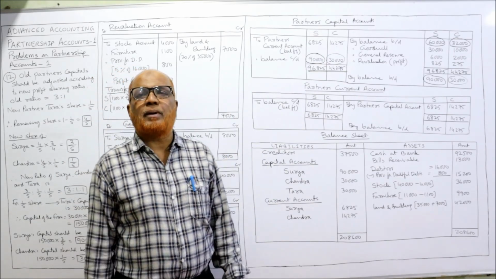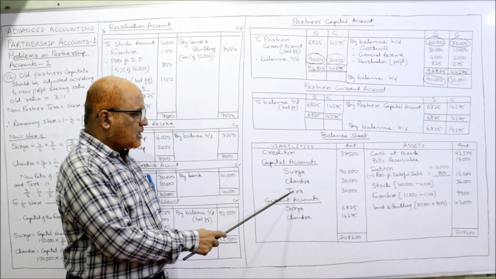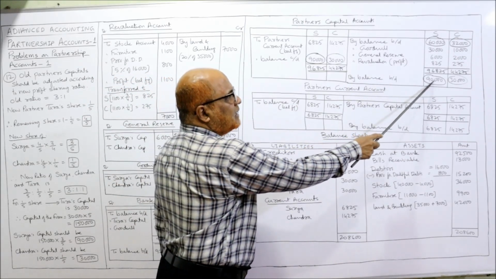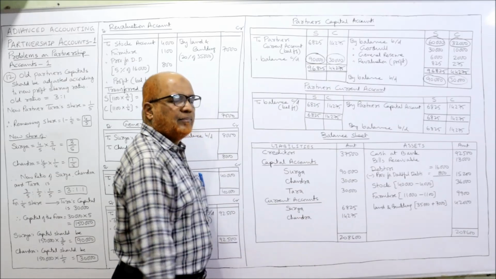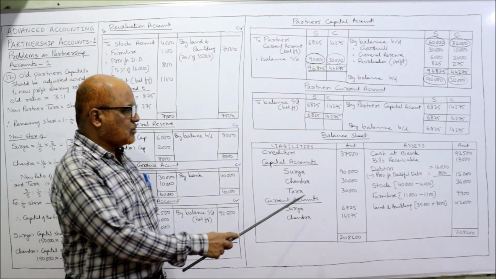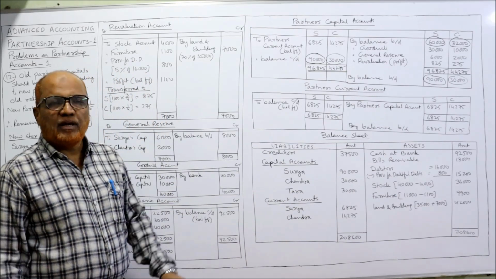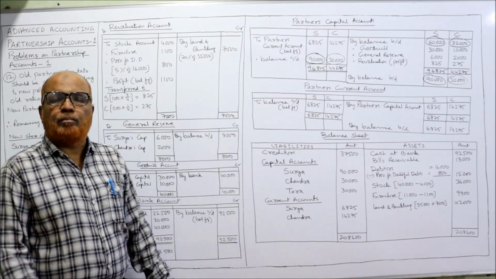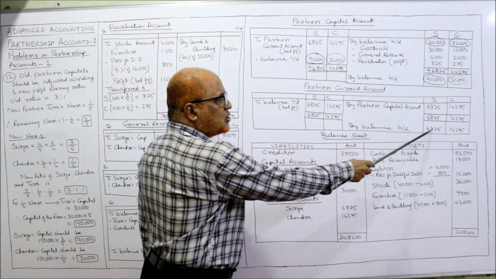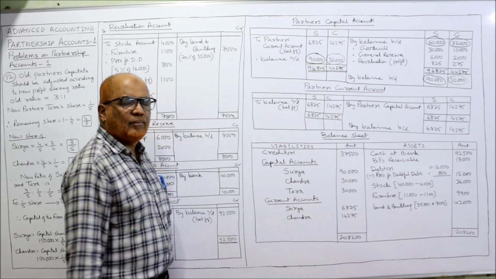But now three partners are there: Surya, Chandra and Tara. The brought down balance capital is 90,000 and 30,000, and Tara, the new partner, has brought 30,000. Now current account. In the old balance sheet there was no current account, but now the current account balances are 6,825 and 14,275, for Surya and Chandra.